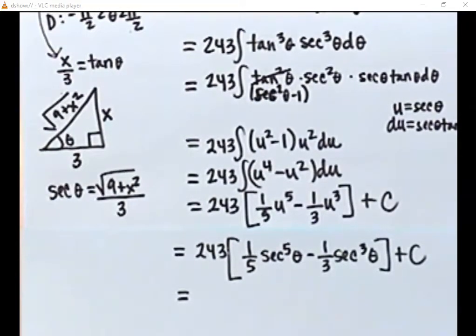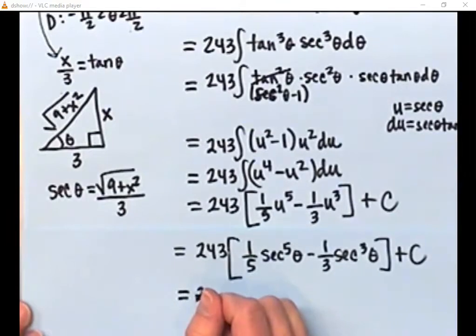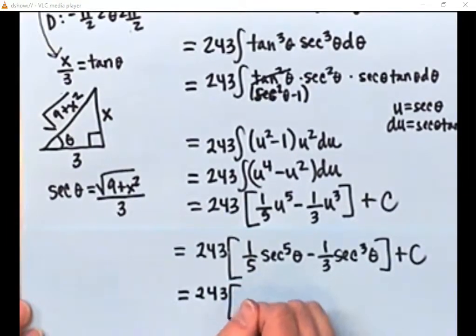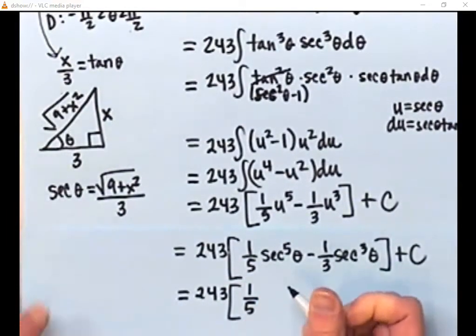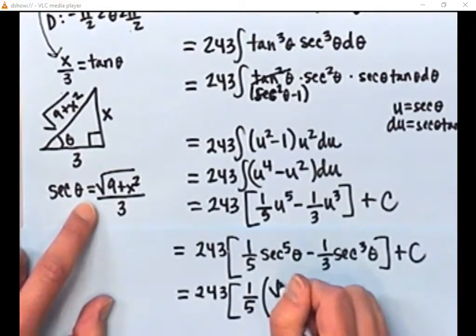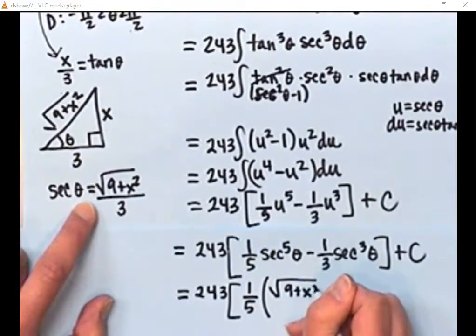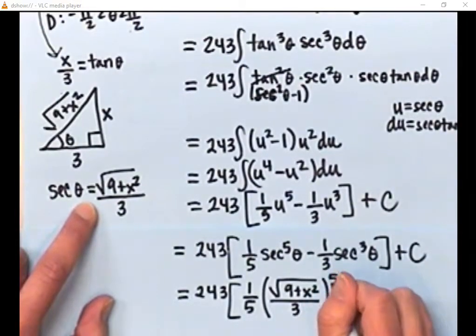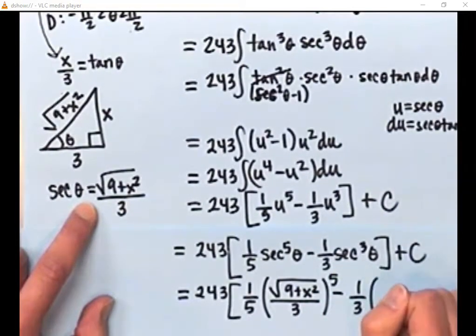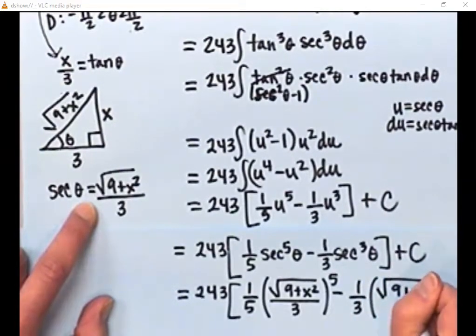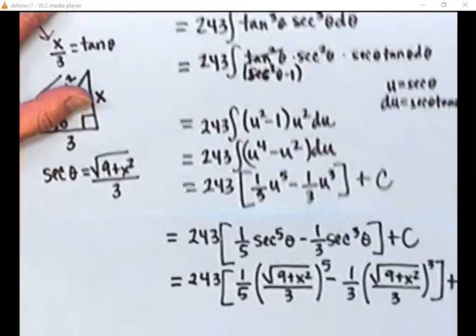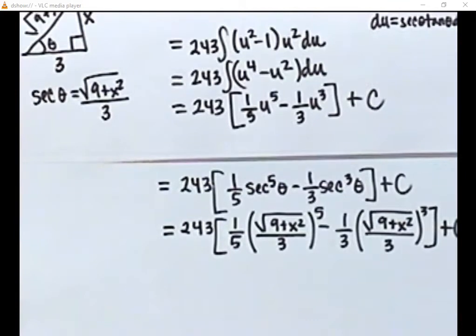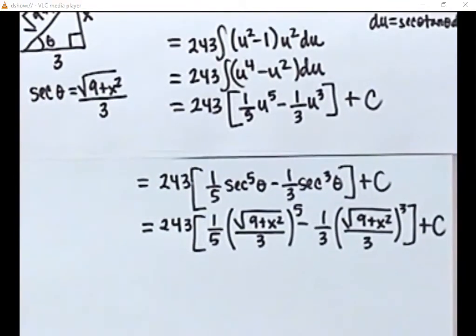And if there's any simplifying to do after that, you can, but we'll have a 243, a 1/5. This secant, this entire thing, will be to the 5th power. So that whole square root of 9 plus x squared over 3 will be to the 5th, minus 1/3 times the whole thing to the 3rd. So when I'm done, I go put that ratio in. Got that plus c on there.